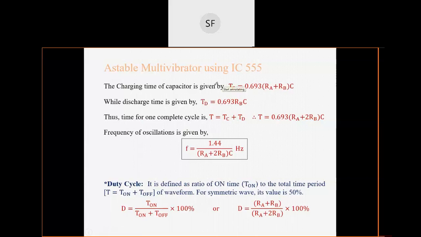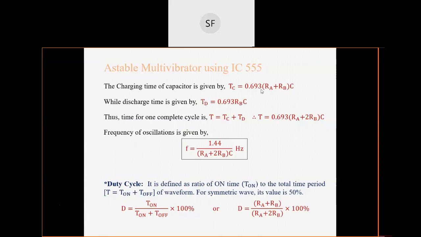Okay. So the charging time of capacitor is given by this formula, that is TC. So TC is nothing but 0.693 multiplied by (RA plus RB) into C. While the formula for discharging time is TD equals 0.693 RB into C. Okay, so there is no RA here in discharging time.